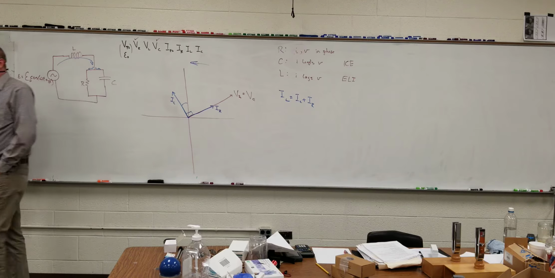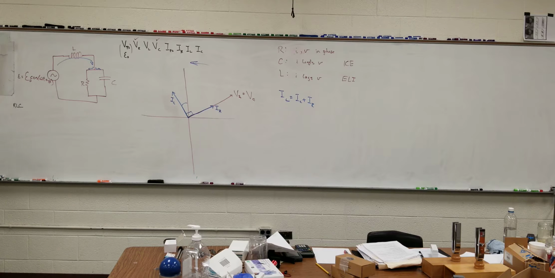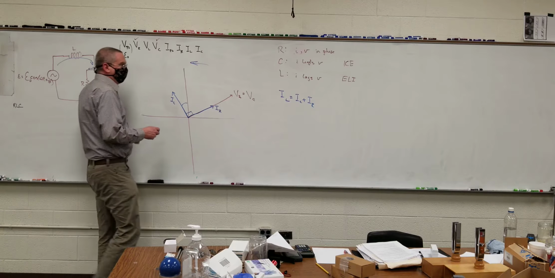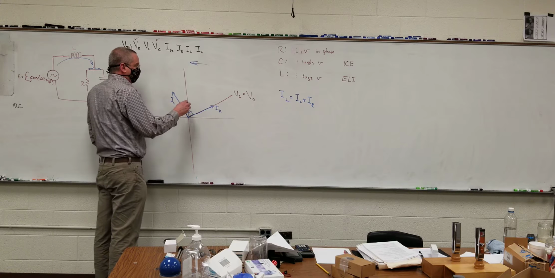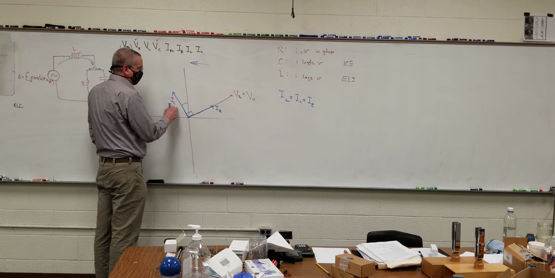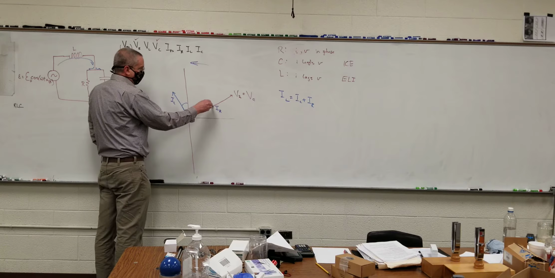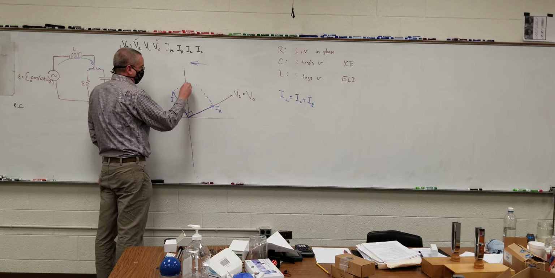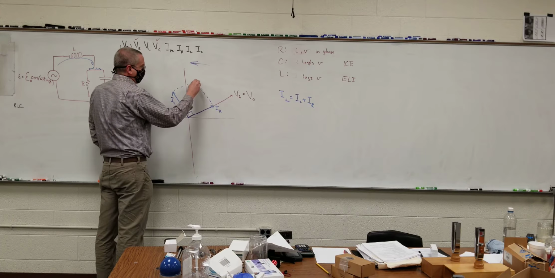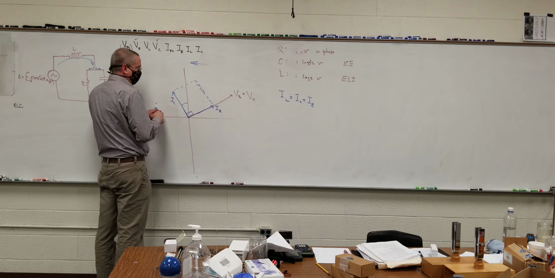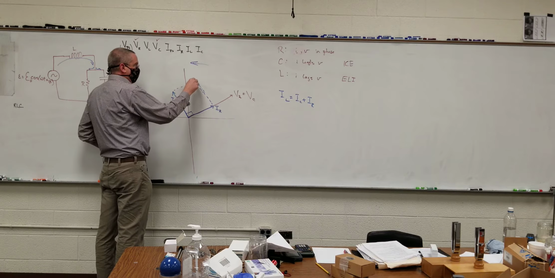Unfortunately, we don't have a symbol really for a phasor. So we add them like vectors, so I'm basically adding these two arrows right here. Sort of parallelogram method, or I can put them head to tail, and we end up right here.